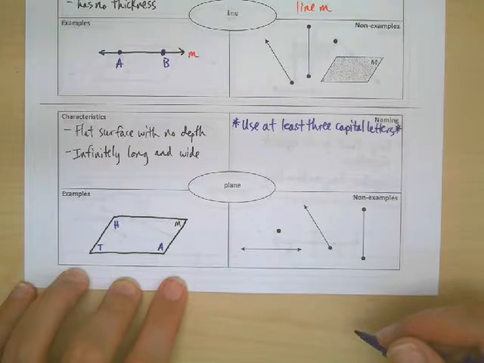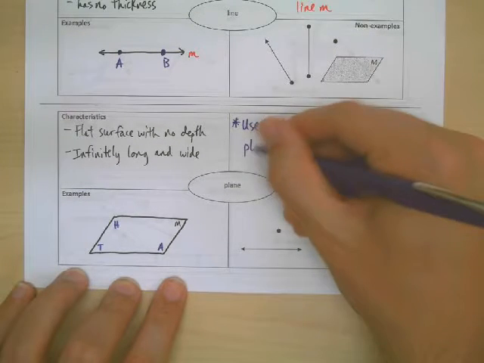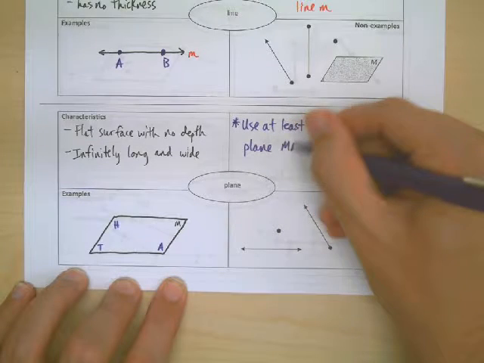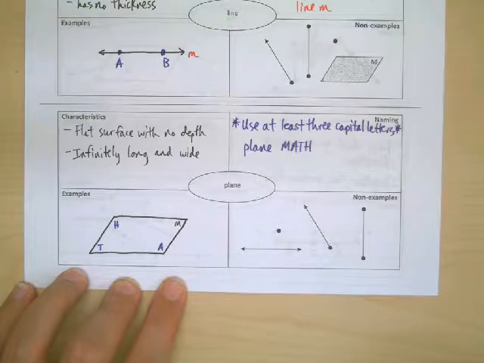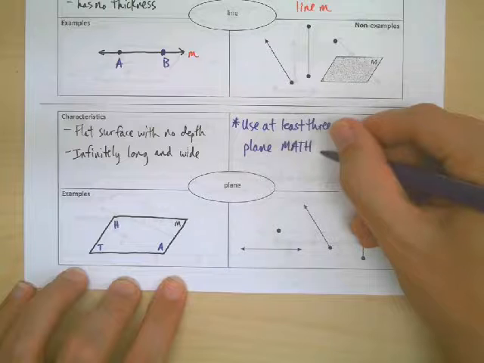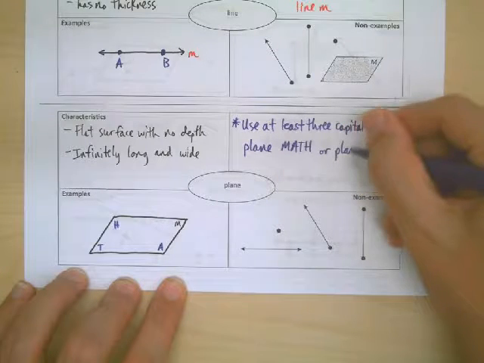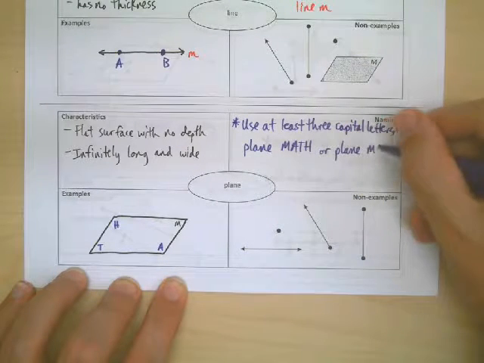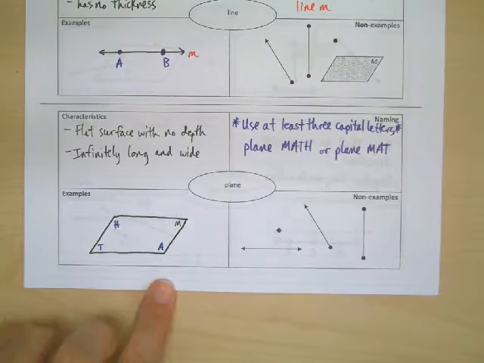I like to choose 4. So we could call this plane math. But if you wanted to use 3 instead, you could just call it plane mat.